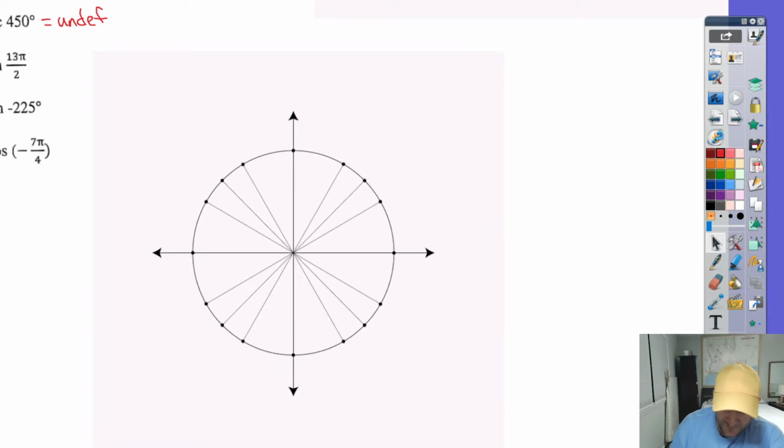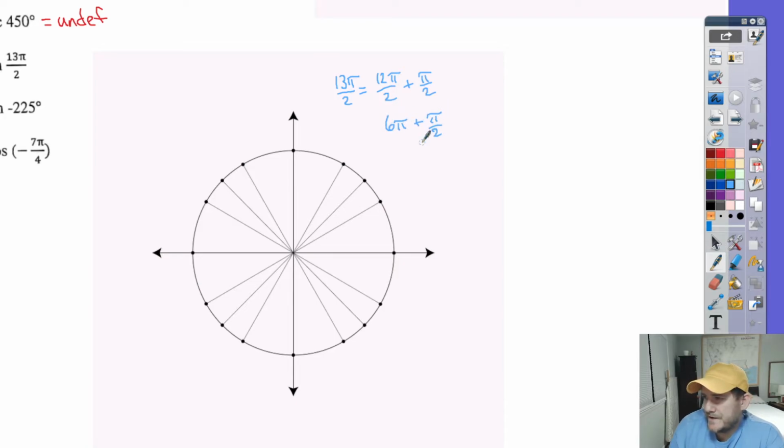13 pi over 2, where on earth could that be? Well, call me crazy, but I feel like 13 pi over 2 is the same as 12 pi over 2 plus an extra pi over 2. And I can't help but think that 12 pi over 2 is the same as 6 pi.